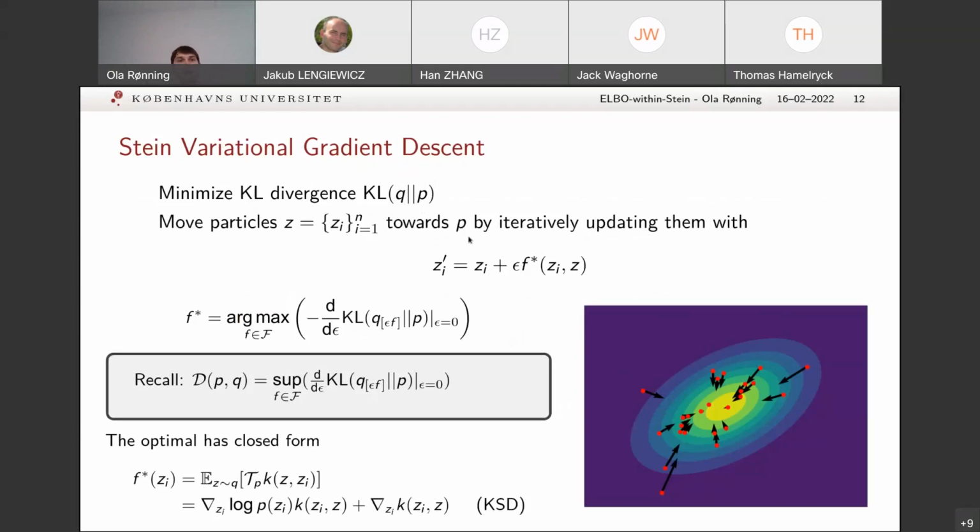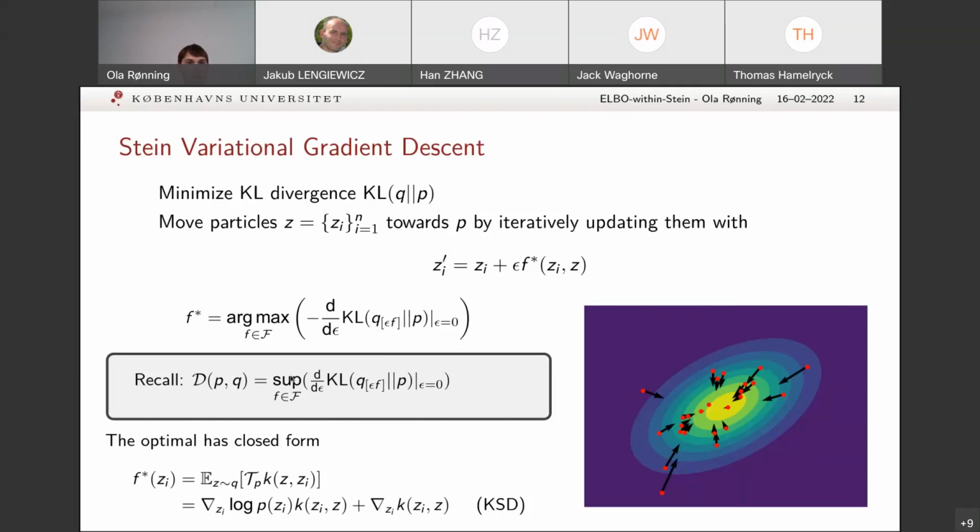In particular, we're going to move these particles according to this update rule, where we take the current state of the particle and then find this function which is in the direction that maximally minimizes the KL divergence between the transported measure of Q, moving the distribution of Z prime, and our target distribution.